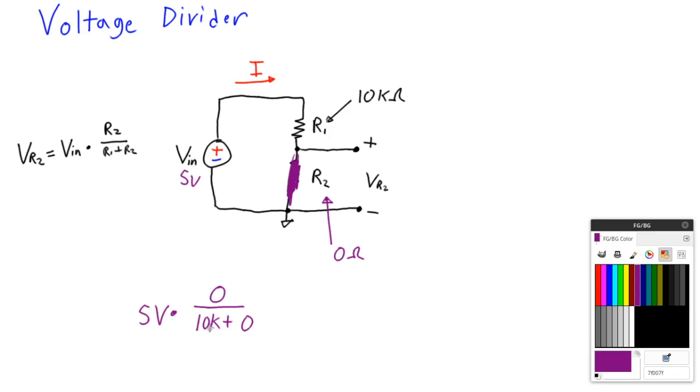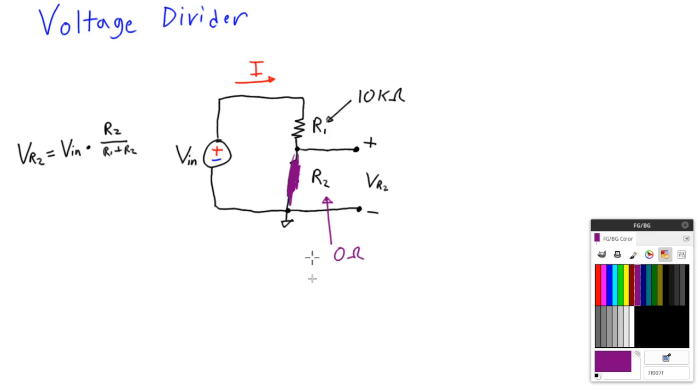It is what we have, and this reduces to 0. So 5 times 0 equals 0 volts. So in this case, if R2 is equal to 0 ohms, meaning that it's a short circuit, the voltage at this point here is 0 volts.